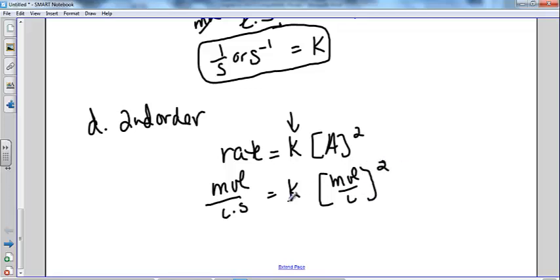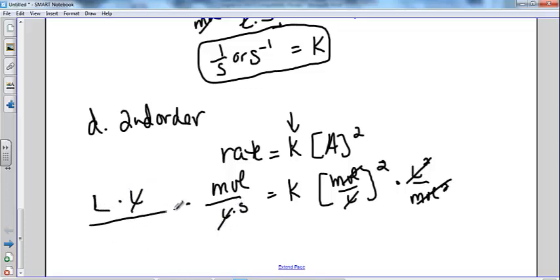So what's going to happen is if I have moles over liters squared and I need to cancel those out, I divide, so I'm going to have liters squared over moles squared, or however you want to do it. That's going to get rid of that one, get rid of that one. Well, when I come over here, and I'm going to draw this out the really long way just to show you, if I have liters squared, it's liters times liters.